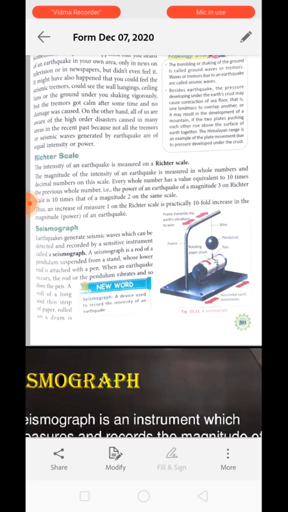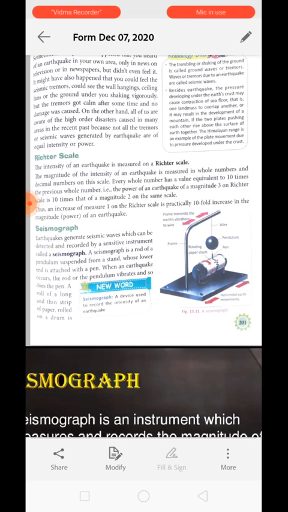It means when the earthquake intensity becomes tenfold, it is counted as 3. If again the magnitude of the earthquake gets multiplied by 10, then it will become 4.